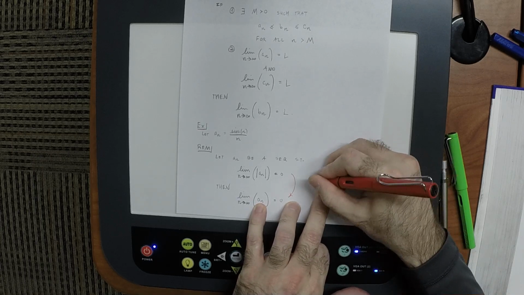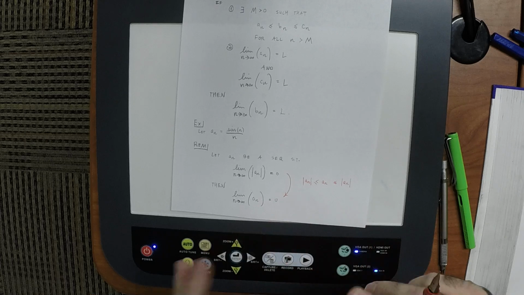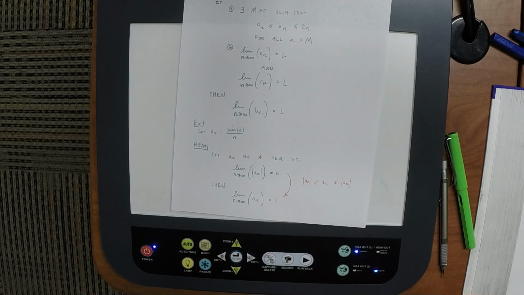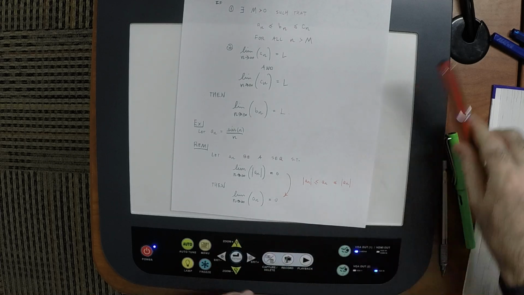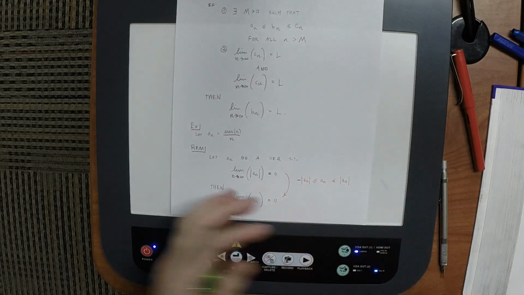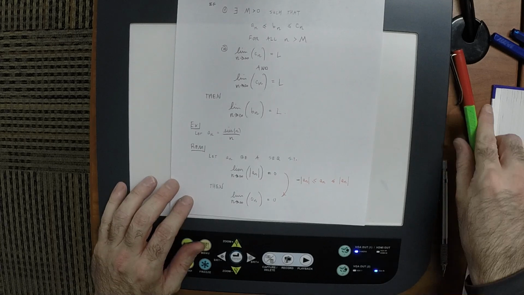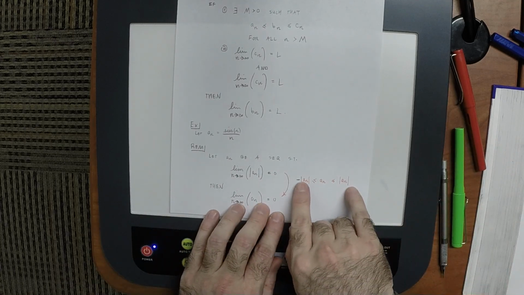And you say, well, what I've written right now is not true, because if a n were negative, then that statement would be false, right? But if I just put that there, then now it's true. So we have that. That's sort of obviously true.